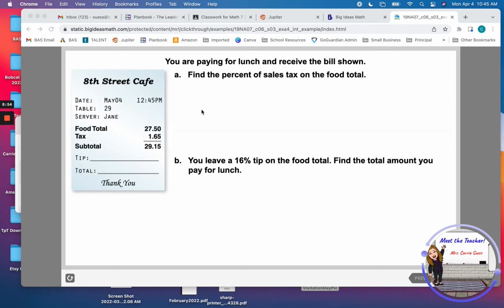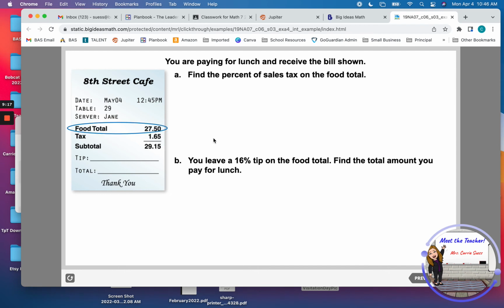You are paying for lunch and receive the bill shown. This is where you actually can use this in real life, guys, when you're out to lunch. Find the percent of sales tax on the food total. So you see the taxes here. What's the food total? $27.50. So we're trying to find what percent they're taxing the food.